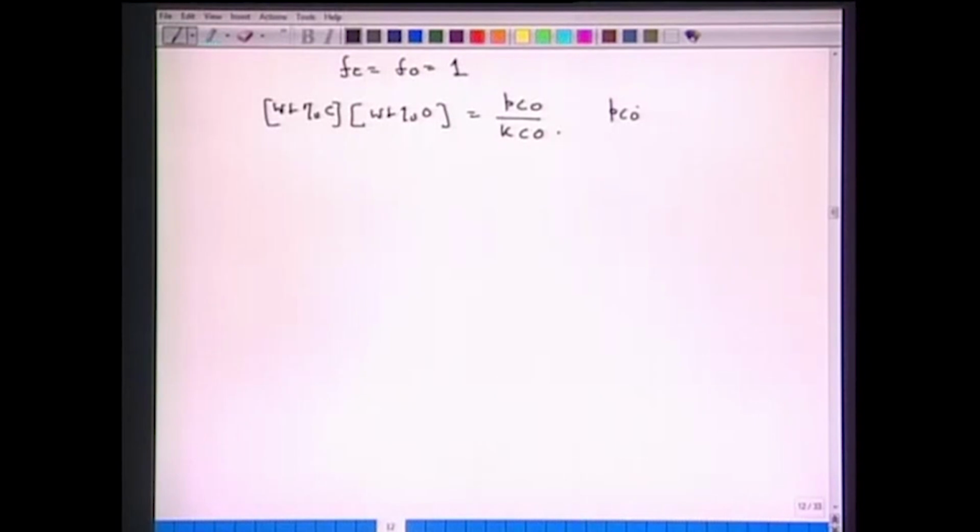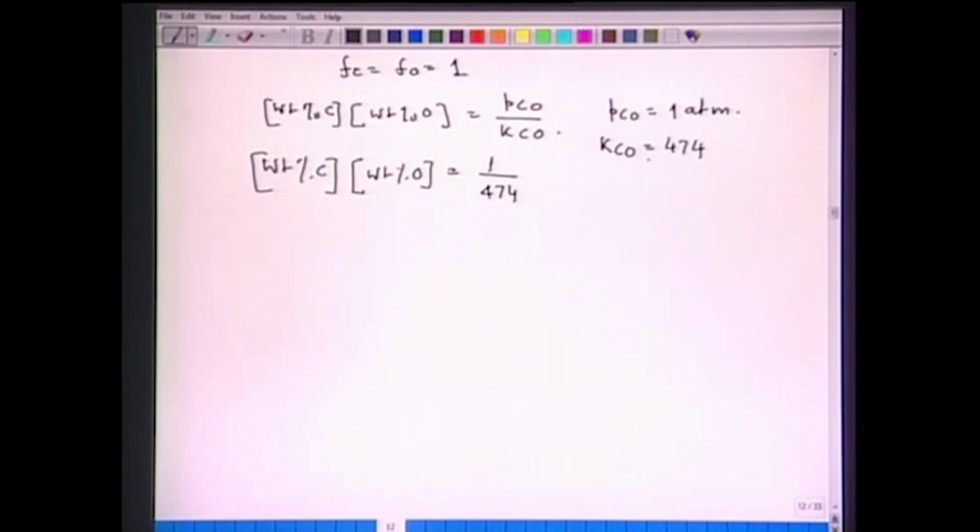Now, if we take for example PCO as 1 atmosphere, and let us take the value of KCO equal to, for example, 474. Now, if we do that, then weight percent C into weight percent O is equal to 1 upon 474.